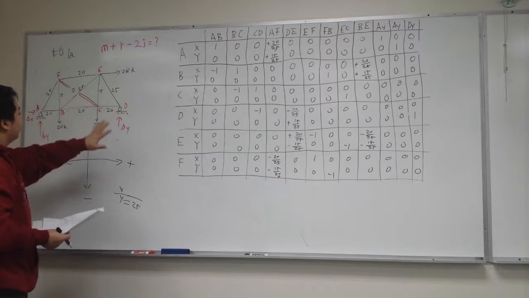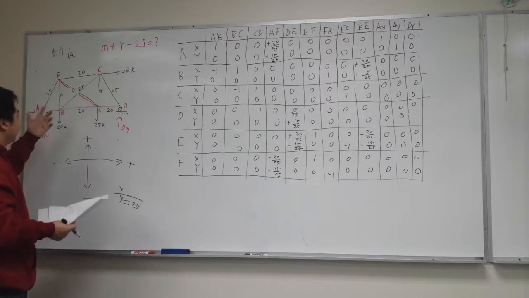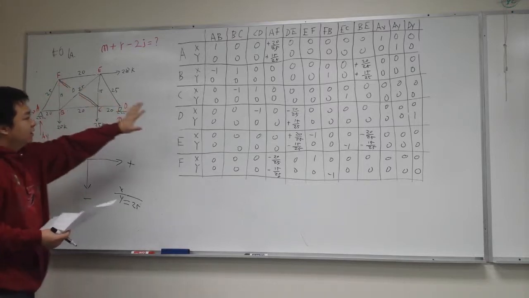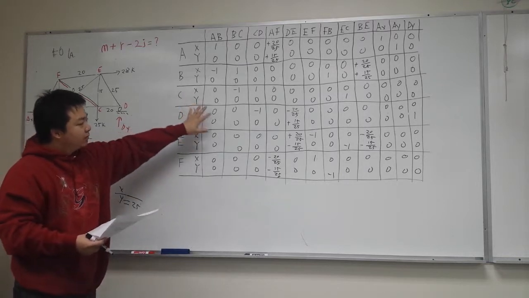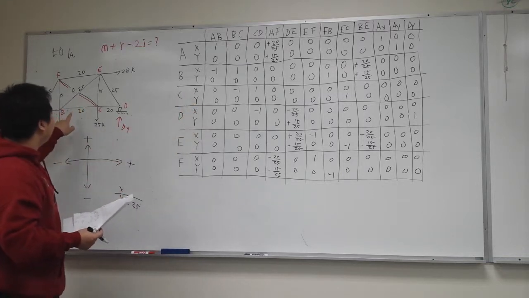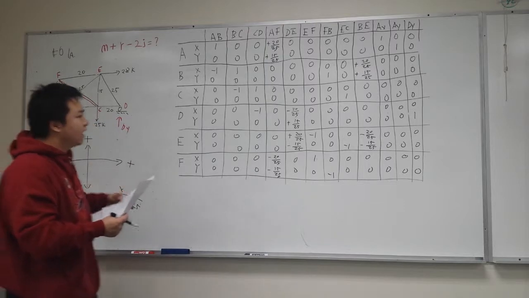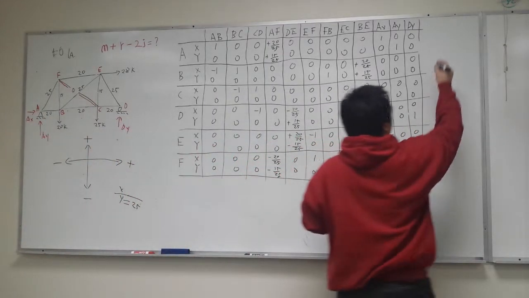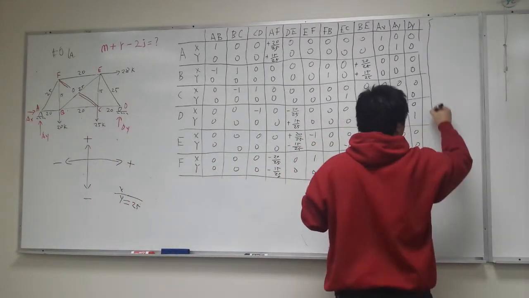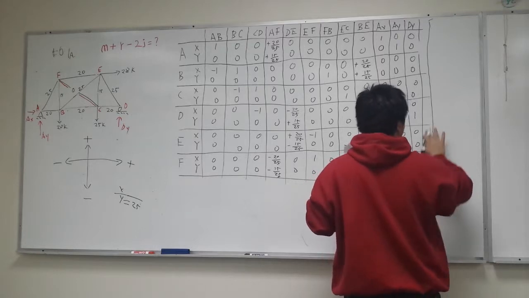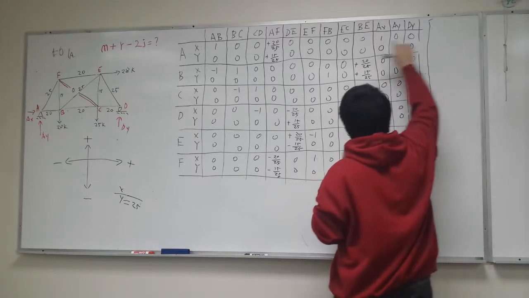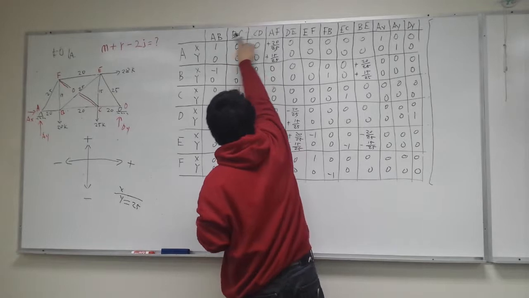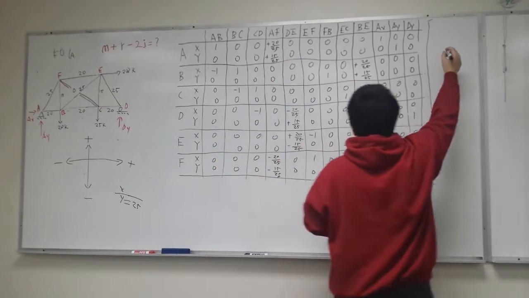After that, you have to find the internal force for each member. That's why we're doing the matrix. Now we have the matrix. We want to find the force for each member. So you're going to have the second column, and you put down all the members like this.